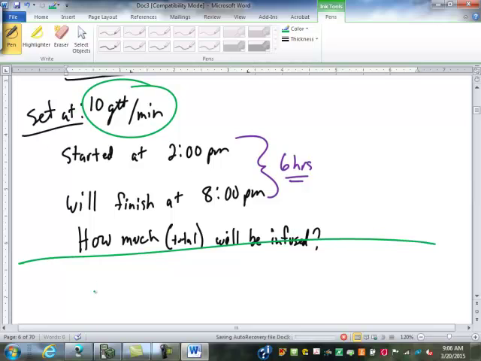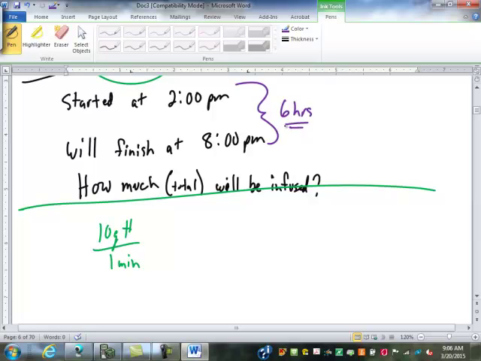Okay. So we have 10 drops per 1 minute. We need to somehow get that back to hours. So we're going to get from minutes back to hours. 1 hour is 60 minutes.